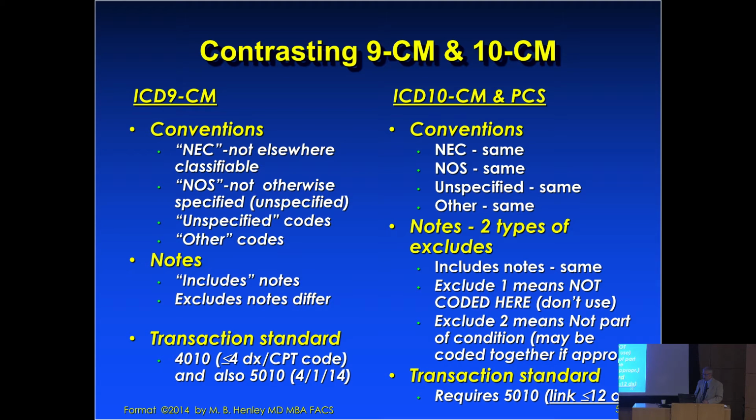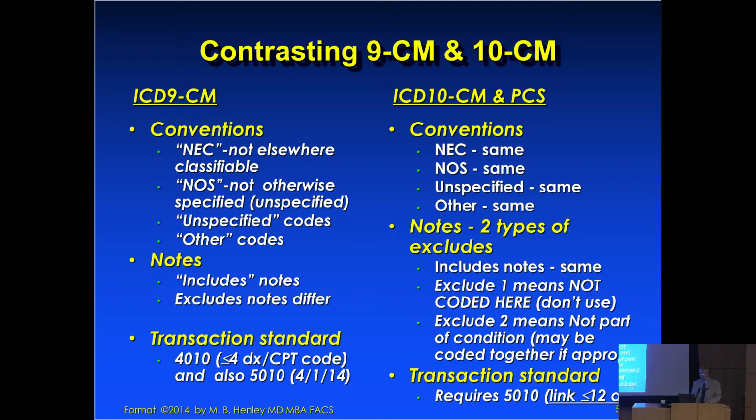There are other codes as well. There are two types of notes. Includes notes of the same. Exclude 1 means not coded here, don't use that code, and you have to actually look at the code set to understand whether it says exclude 1 or exclude 2. And exclude 2 means not part of this condition. It may be coded together if appropriate.